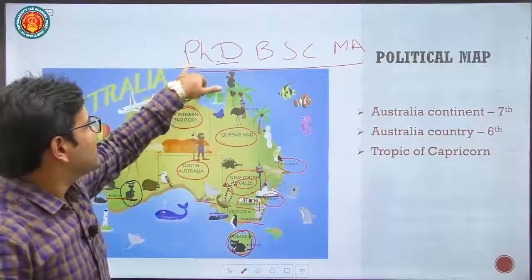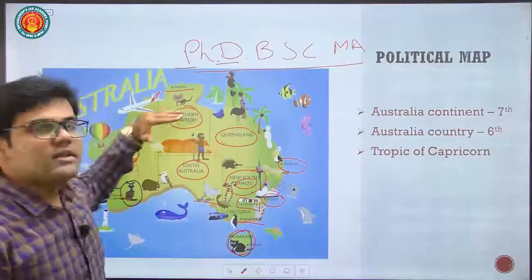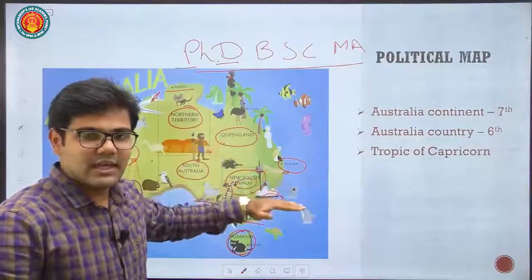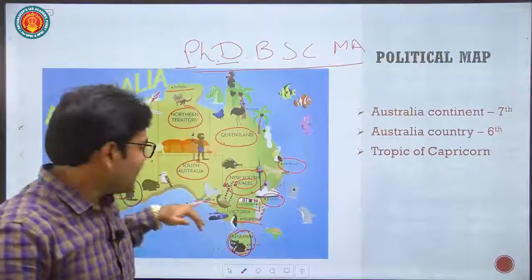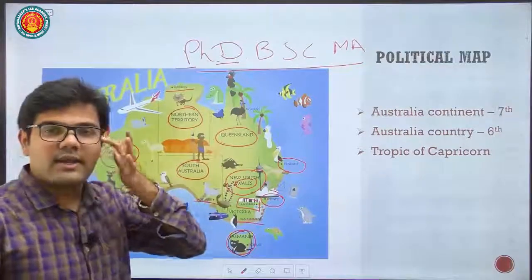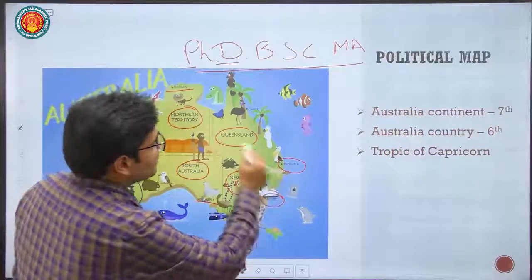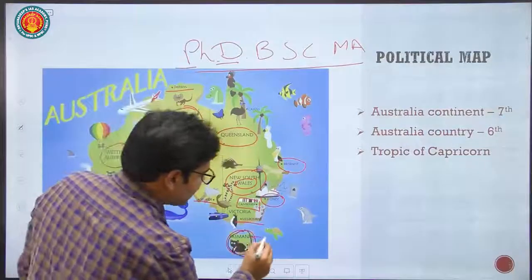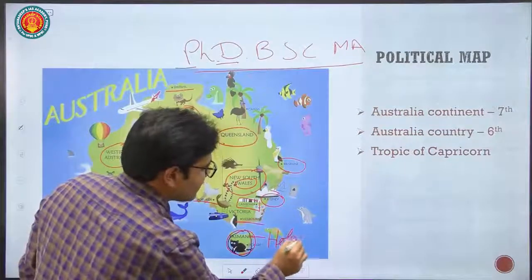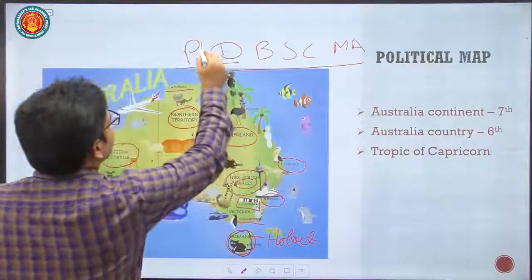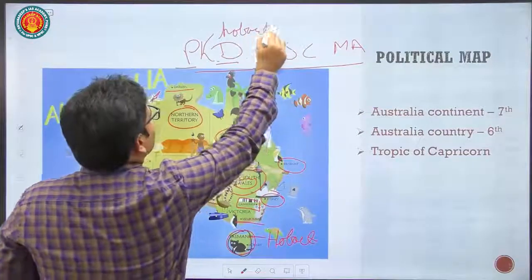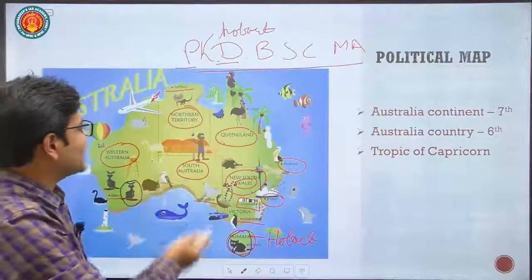All these cities are very famous for their cricket grounds, right? So you can remember the cities, and the capital of Tasmania is Hobart. So in PHD, H stands for Hobart. I hope the cities are clear.